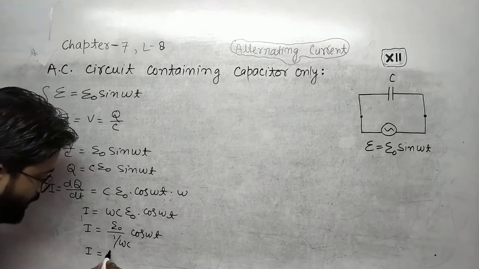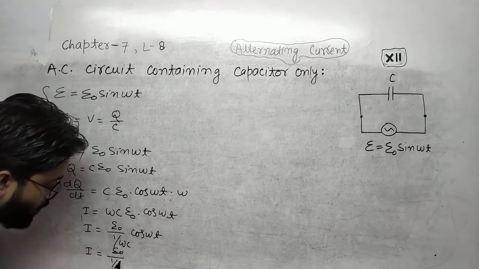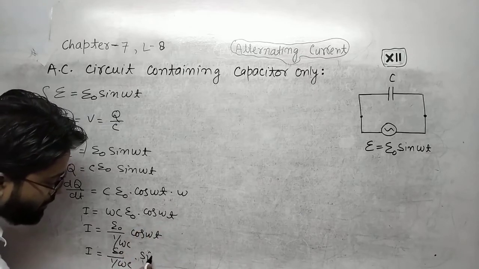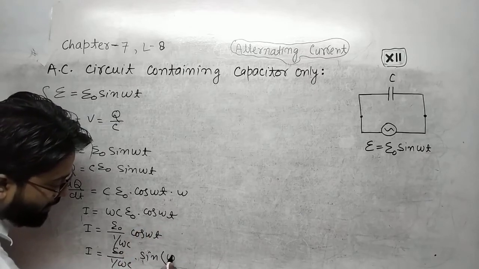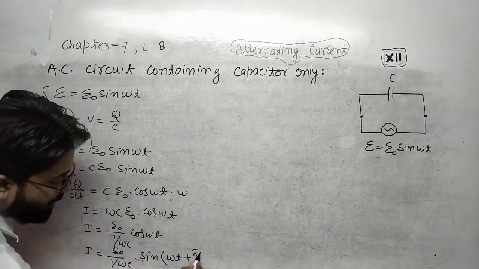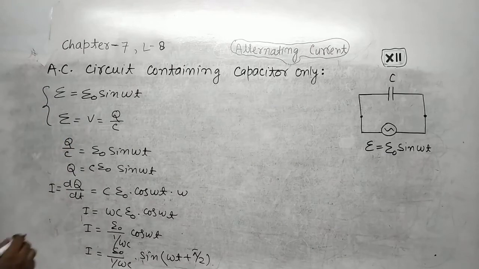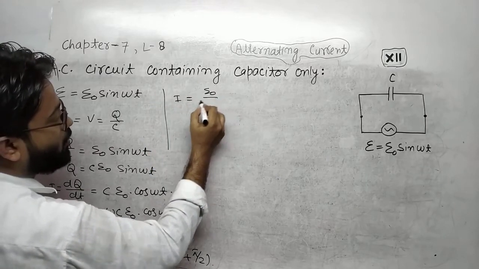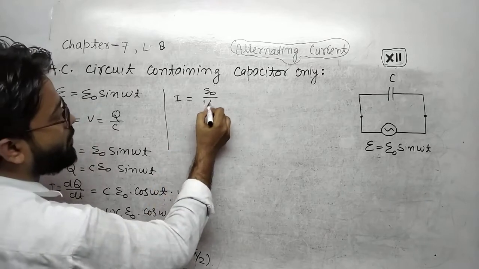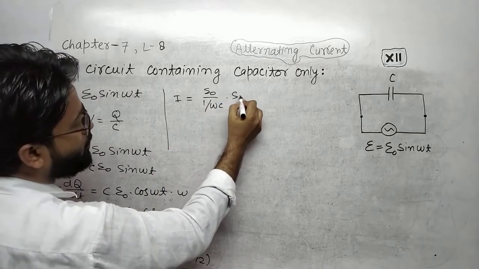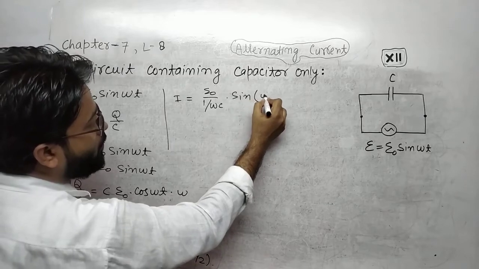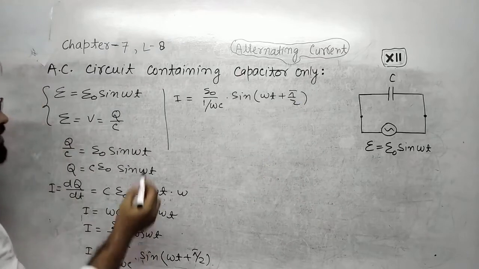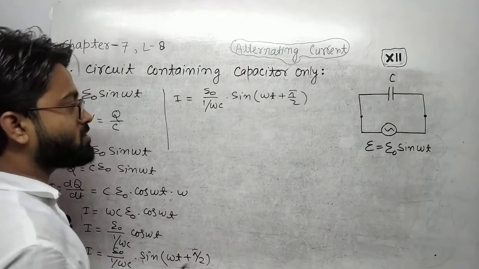In place of cos we can write sine of pi by 2 plus omega t. So I is equal to E naught upon 1 upon omega C into sine of omega t plus pi by 2.